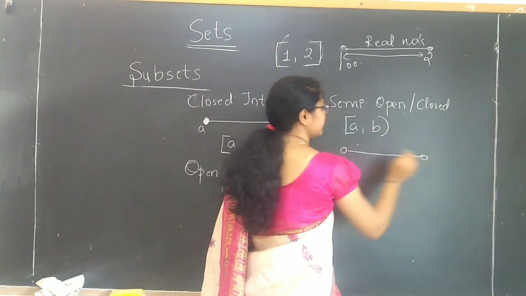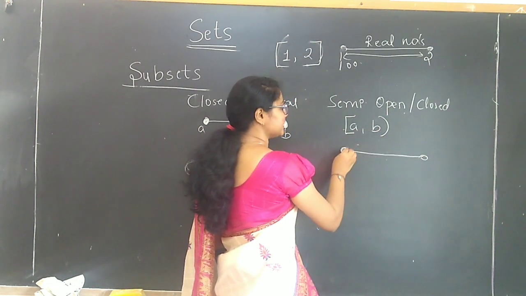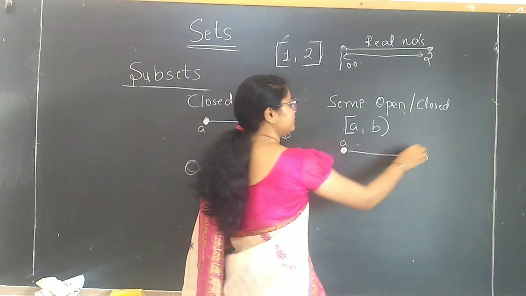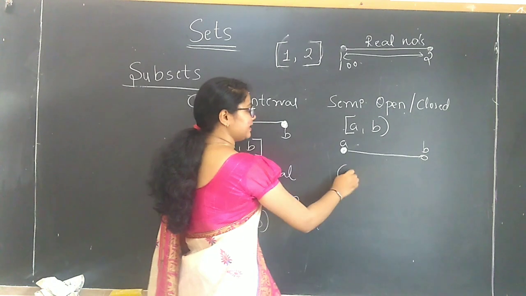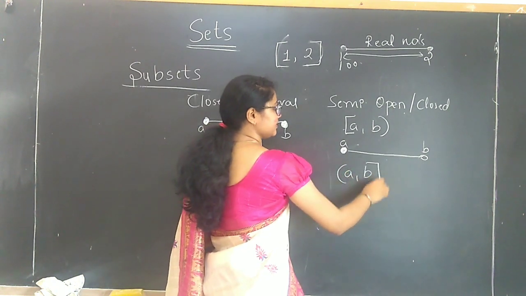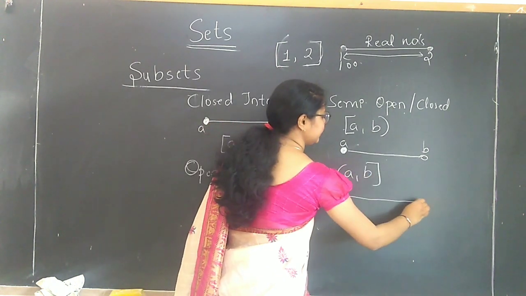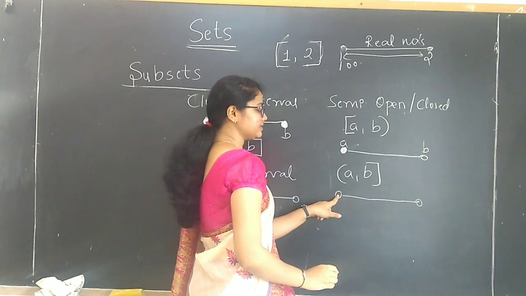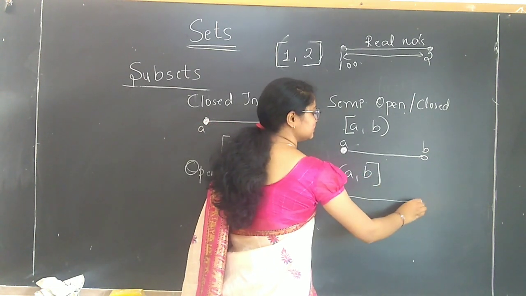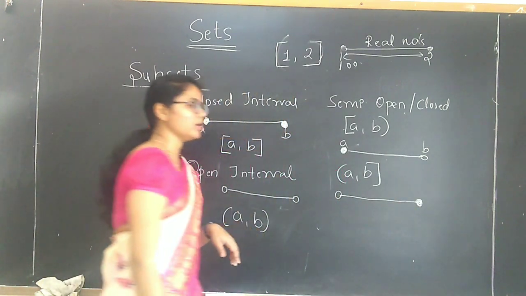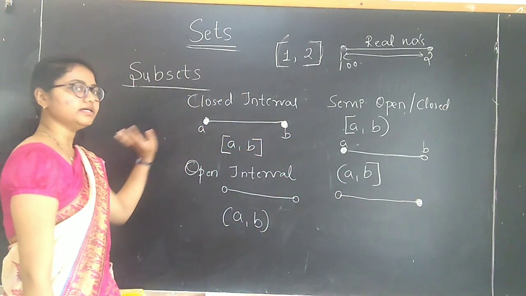I have to close this A because A is included but B is excluded. If it is written like this, then here A is an open bracket, which means endpoint A is not included but B is included. So this is how you are going to represent them on the intervals.